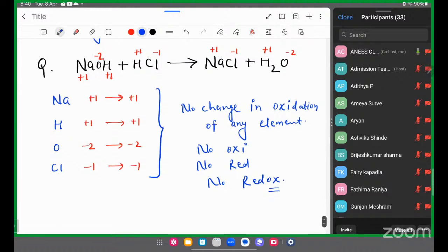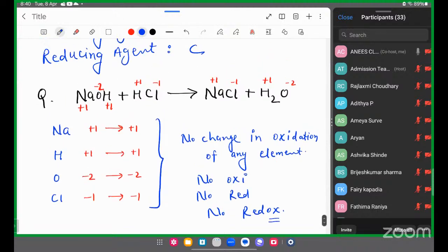Are you getting it? Yes, sir. If there is a reaction between acid and base, this reaction is never going to be a redox reaction. All the reactions between acid and base will not be redox reaction.